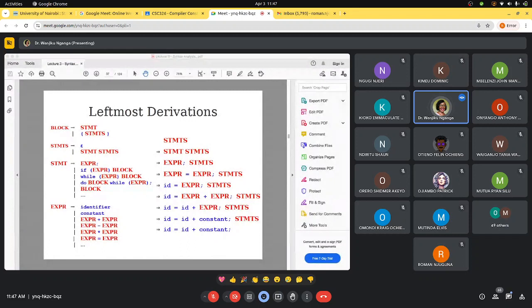Anybody who remembers what was the difference between rightmost and leftmost derivation? Anita, Terry, what do you remember?